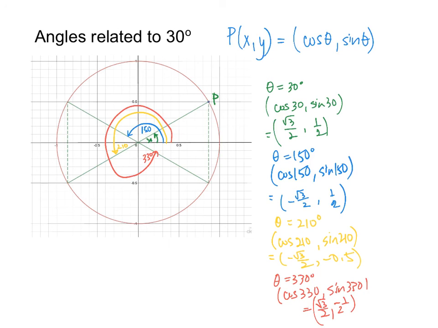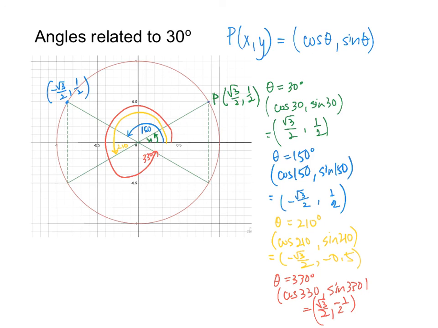I'm going to write them one last time around the circle. For the green one, root 3 over 2 and 1/2. For the blue one, negative root 3 over 2 and a half is the point.